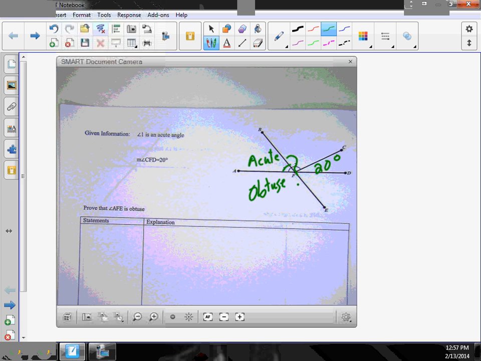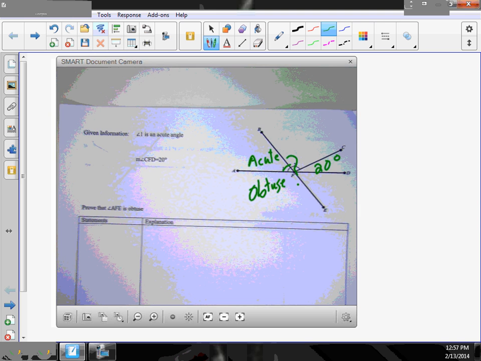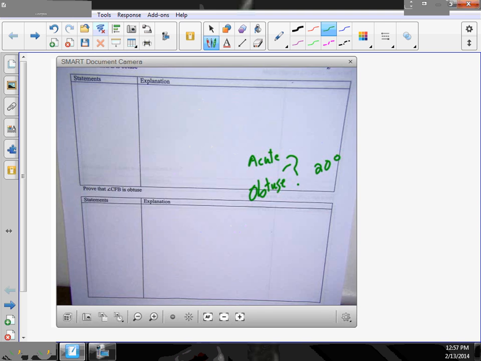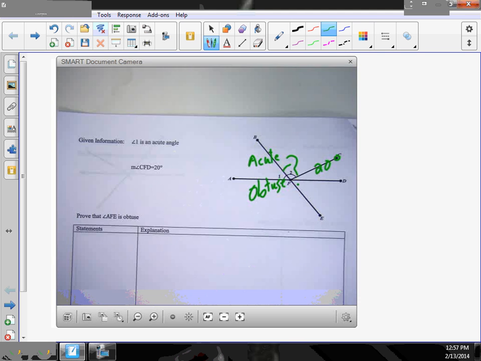AFE. So you want to prove that AFE is obtuse, and then the last question is kind of tricky. It says prove that CFB is obtuse.